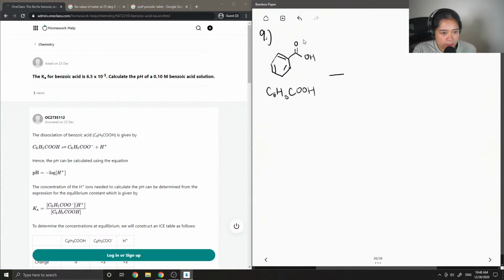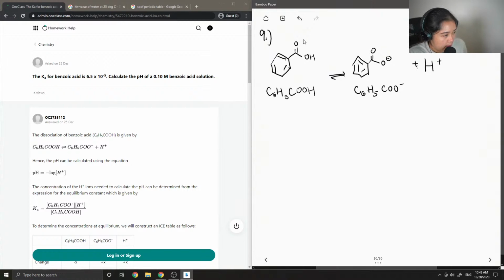And when it dissociates into ions, it is deprotonated. So we get C6H5COO minus plus a proton.